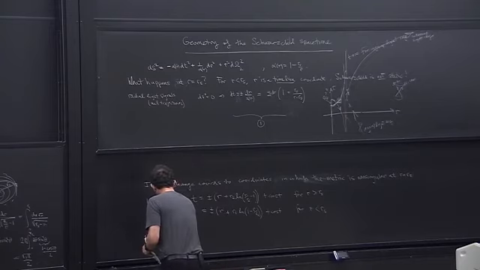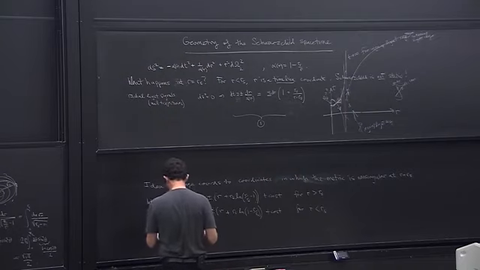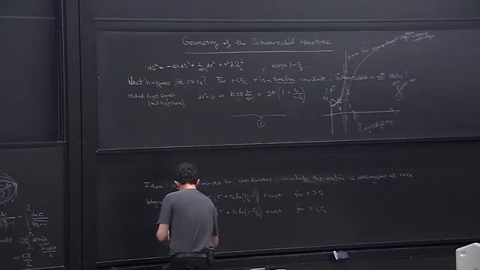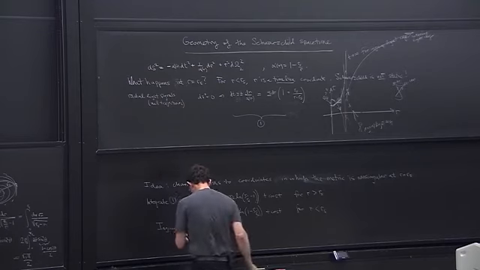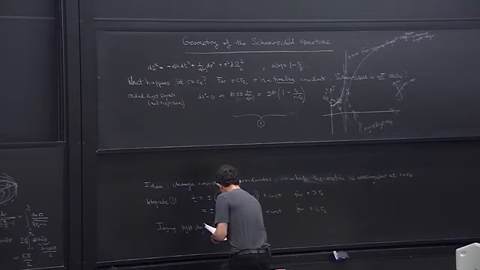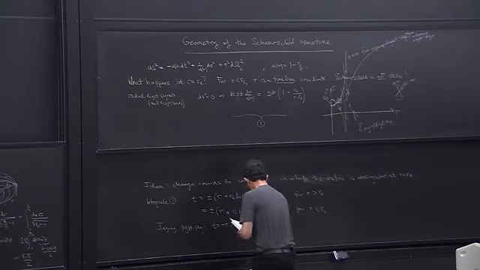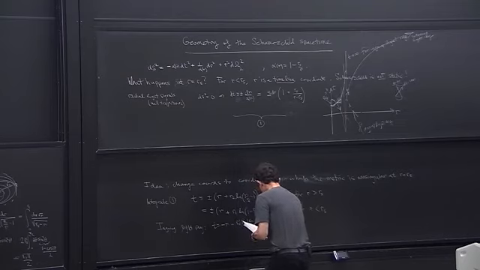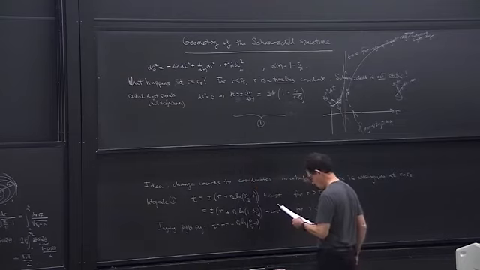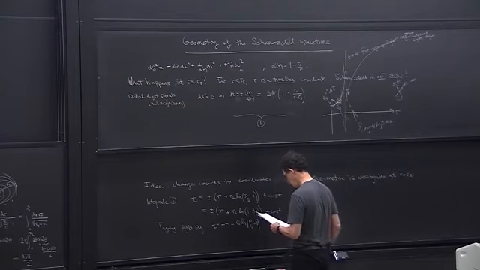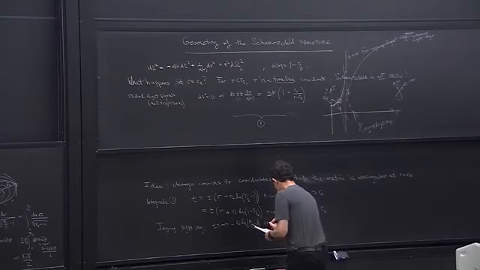So in particular, the ingoing light ray has t equals minus r minus rs log modulus(r over rs minus 1) plus constant.